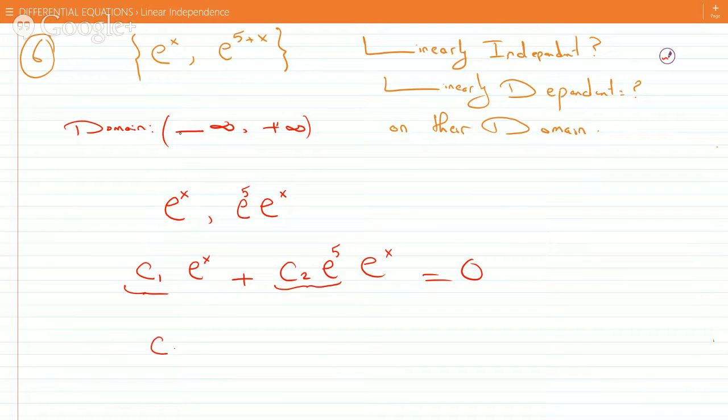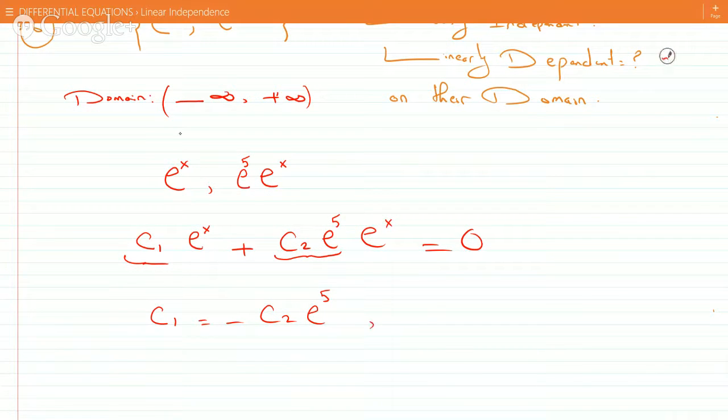So if c1 equals minus c2 e to the 5, there's many ways to do it. You could call c2 to be 1, and therefore in that case c1 would be minus e to the 5.